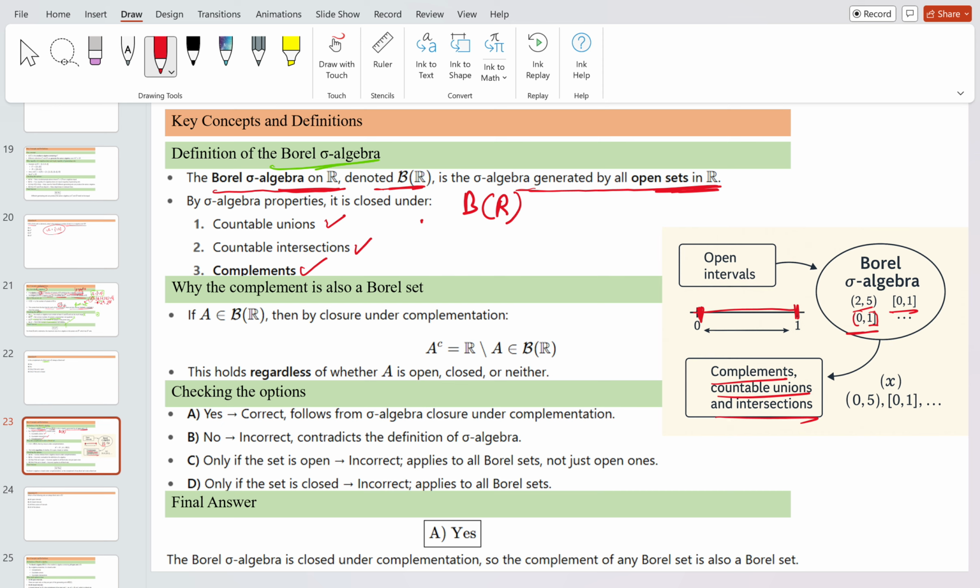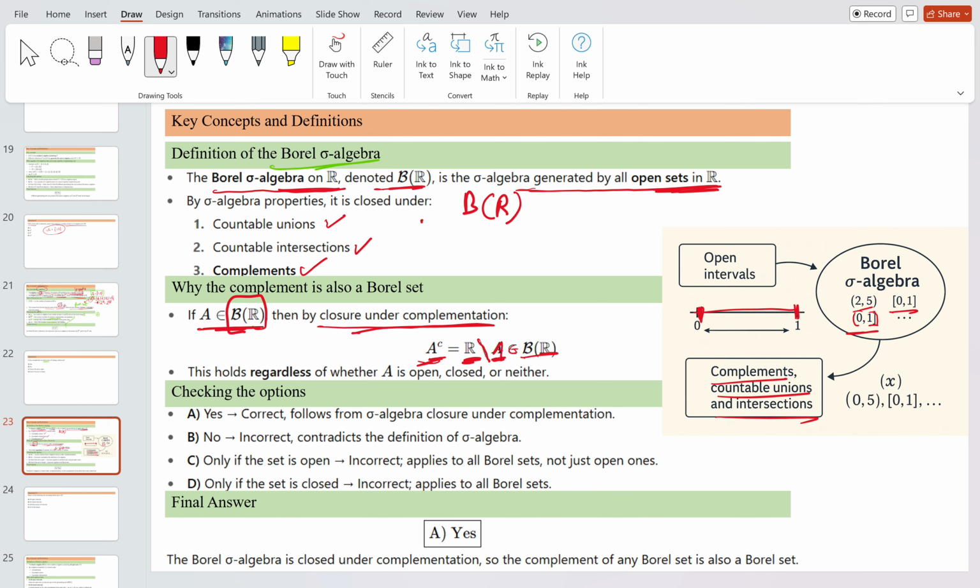Let me further explain. If A belongs to the Borel set of R, then by closure under complement, A complement, that is all the real numbers which are not included in A, belonging to B(R), is actually the complement.